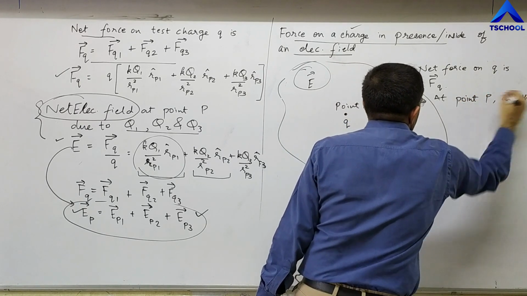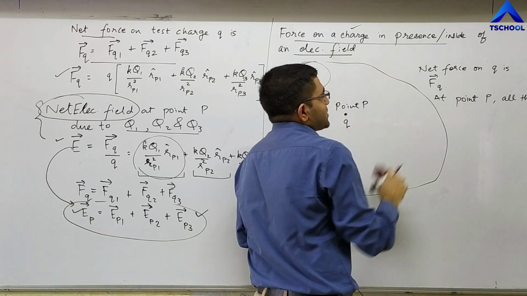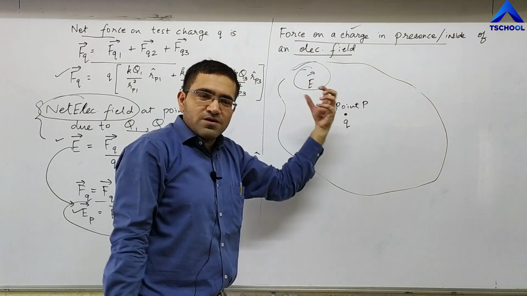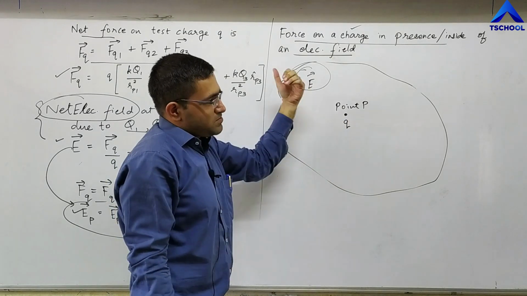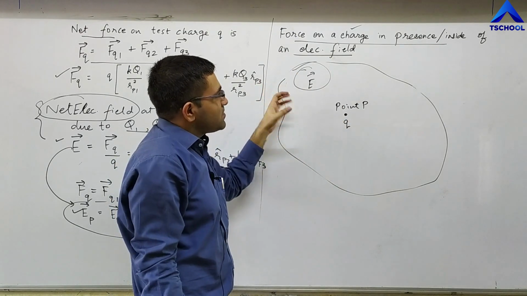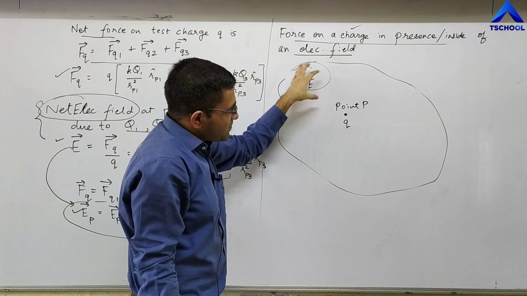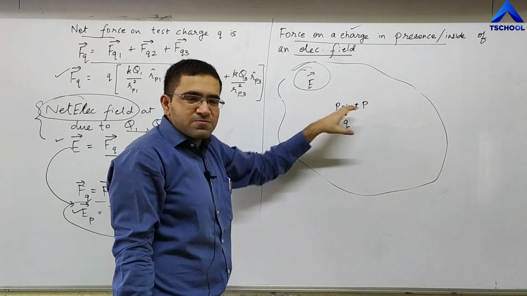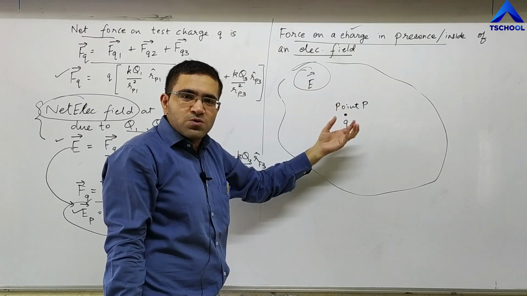Sorry, I'll just repeat what I've said. I don't think you could read it over there. So what we have is an electric field in this space. This point P is where we have put a charge q, right?